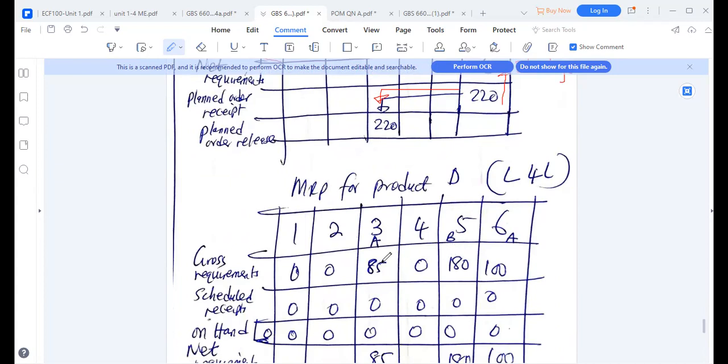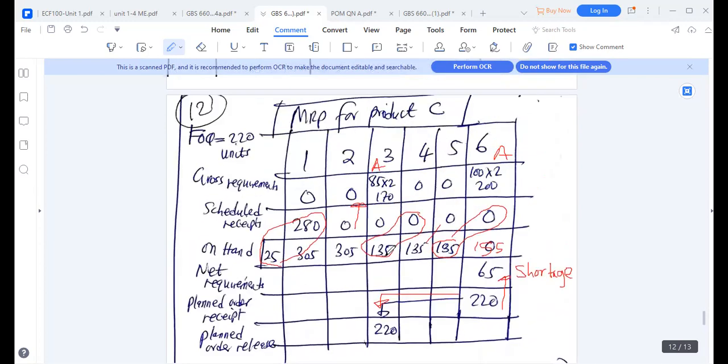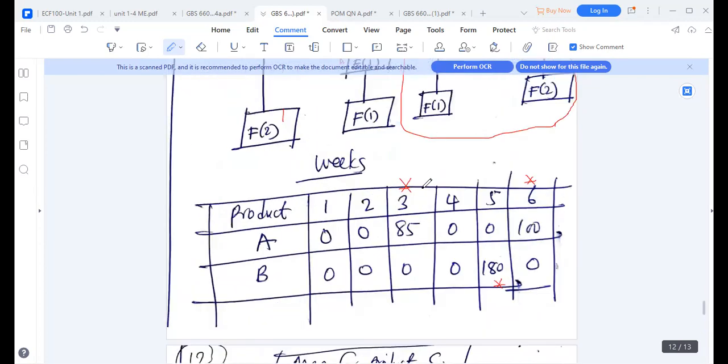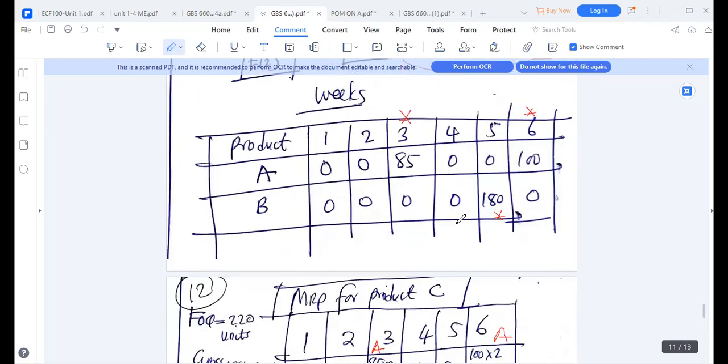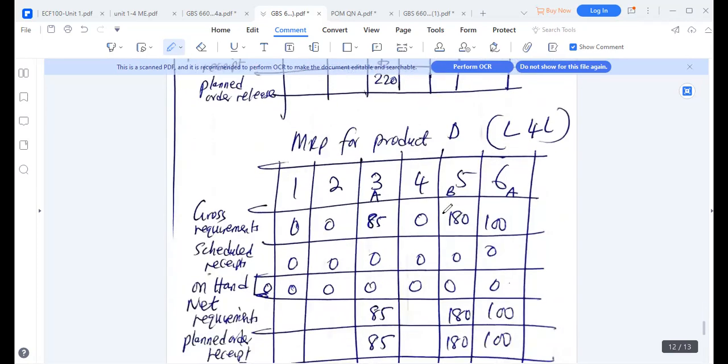So this is where this 85 is coming from. It's coming from the values of A by 1 because of the structure that we have there. And we combine what is coming from B so that we come up with the MRP for a single product D.